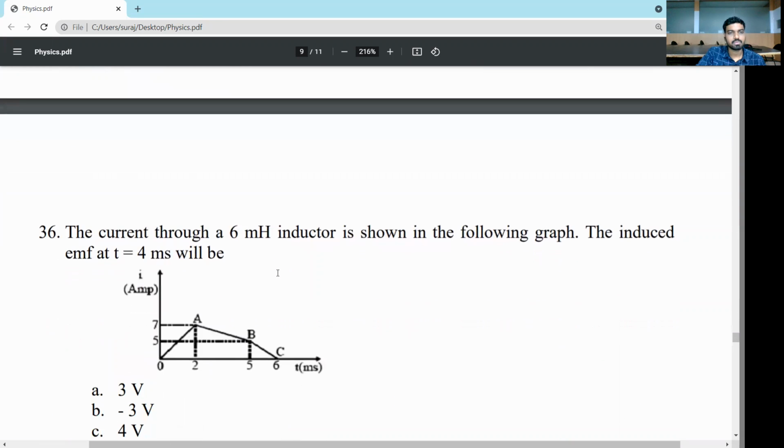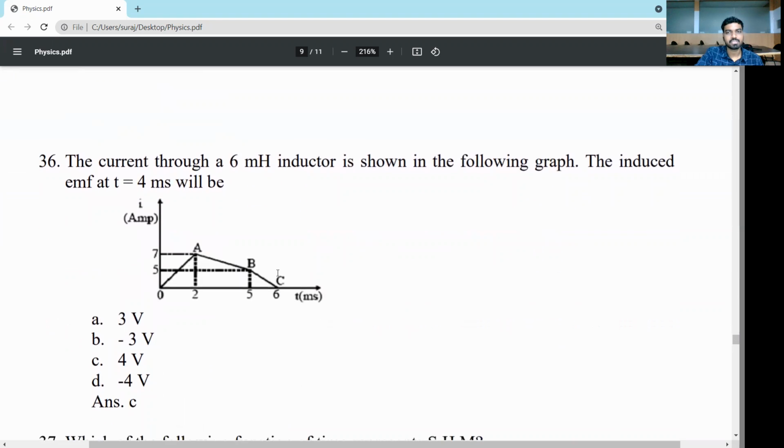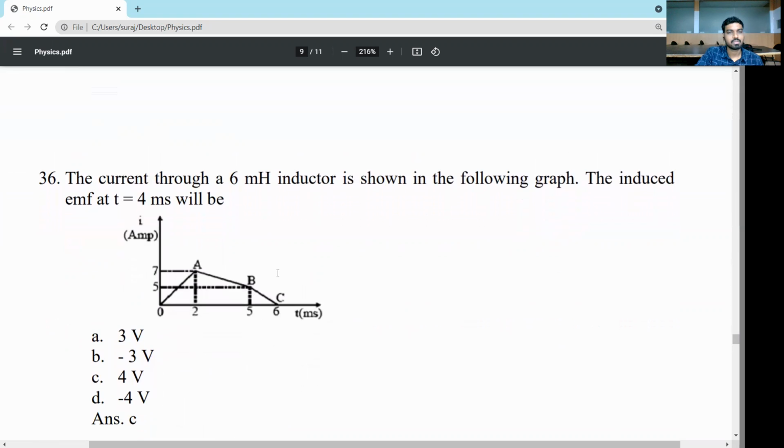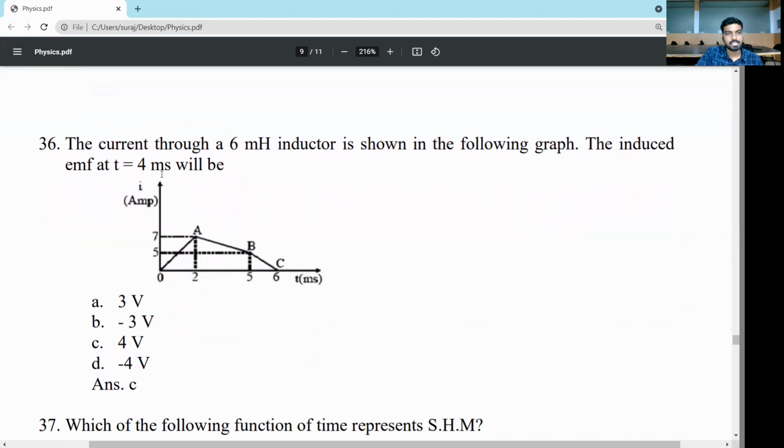A current flows through a 6 millihenry inductor as shown in the following graph. What is the induced EMF at t equal to 4 millisecond? At 4 millisecond, you can find the slope. This point is 5,5 and this will be 6,0.